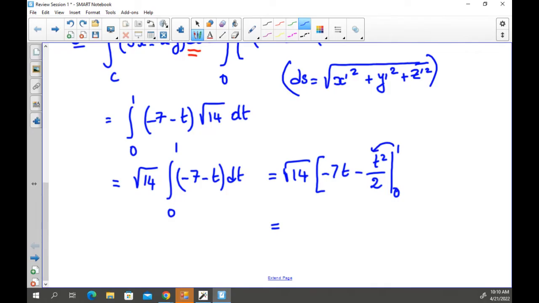Substitute, put 1 here, so it's going to be minus 7 minus 1/2, so it's minus 15 square root of 14 over 2. Or you can give the answer as a decimal. That's also fine. Are we okay with this question?